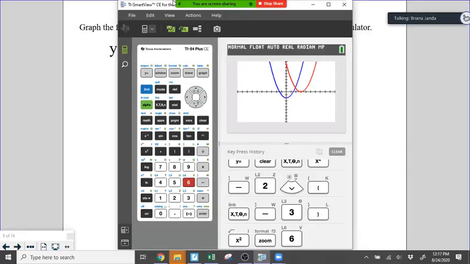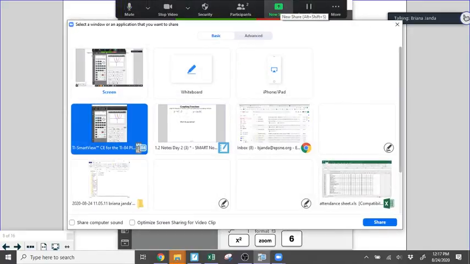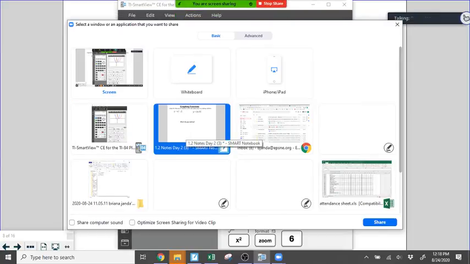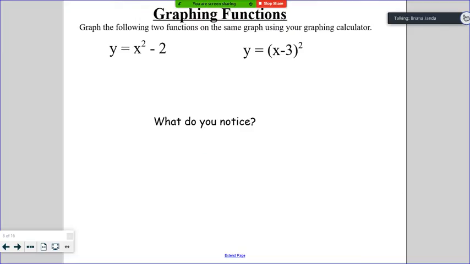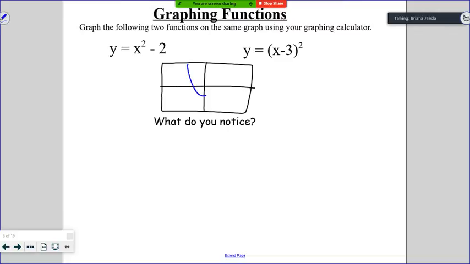Just a reminder, when I am asking you to show me things that you are doing on your calculator, if I draw a picture of what I just saw, I do need to have that X and Y axis in there. My first graph was moved here, it looks like, and for my second graph, notice I don't have tick marks or anything on here, but I'm getting them in approximately the correct location.